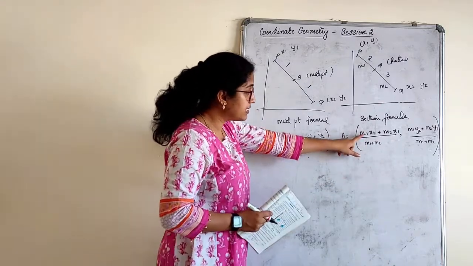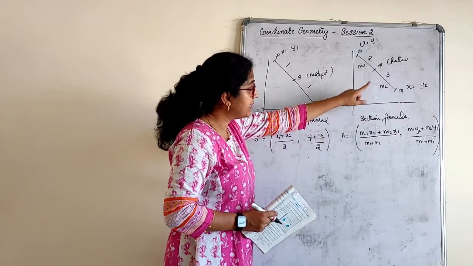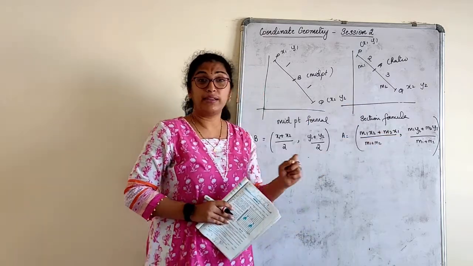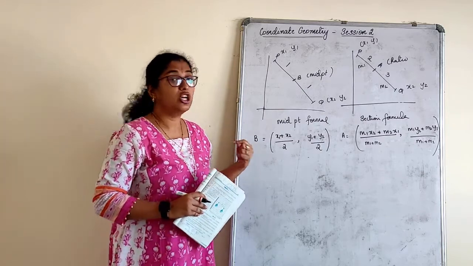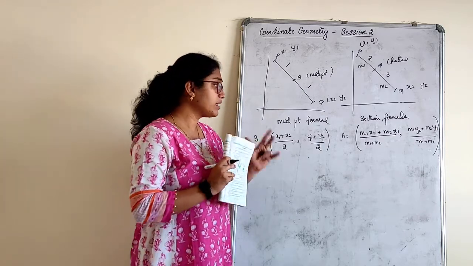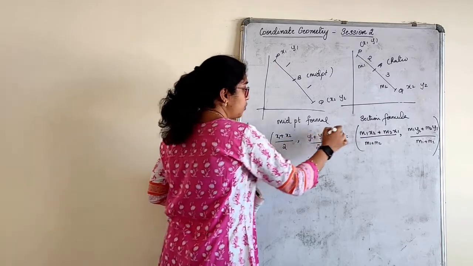See the formula first: m1 into x2 plus m2 into x1. It has to be written as it is written. Practice it by writing again and again. You will understand the formula. So these are the two things you have to know.